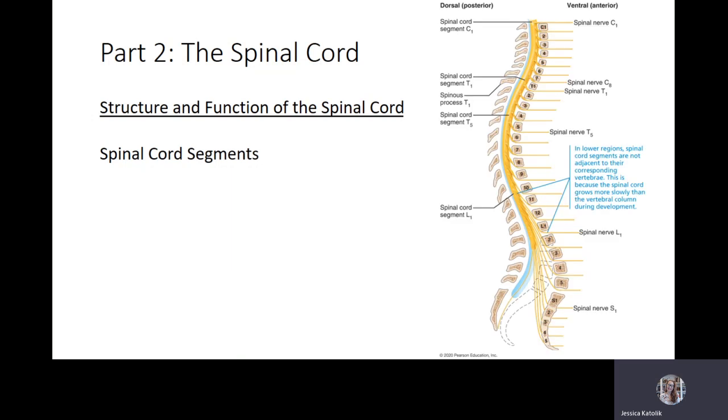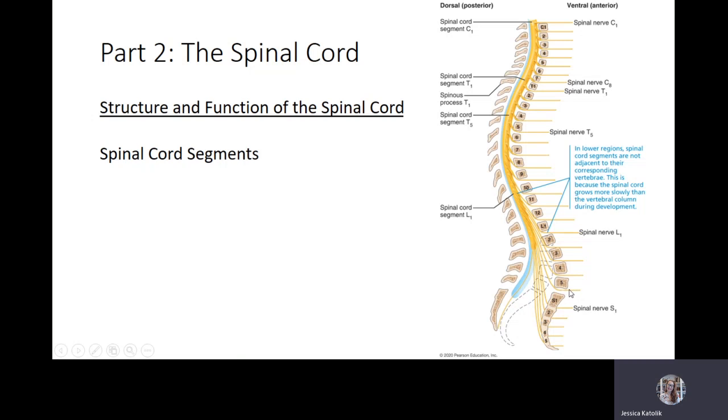So let me show you an example of that on this diagram. Here we have, for example, a cervical segment and a cervical nerve. This is the C2 spinal nerve, and we can see that the C2 spinal nerve will originate here, and so that would be the C2 segment of the spinal cord. That's not too bad for cervical and thoracic, but when we come down to lumbar, sacral, and coccygeal, the pattern is not going to be as easy.